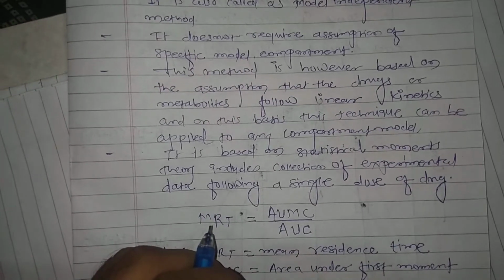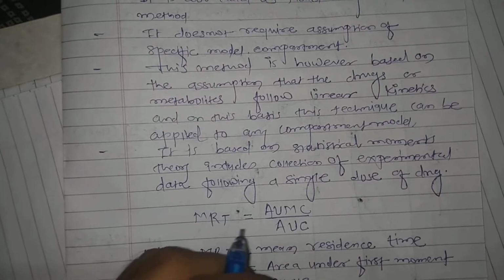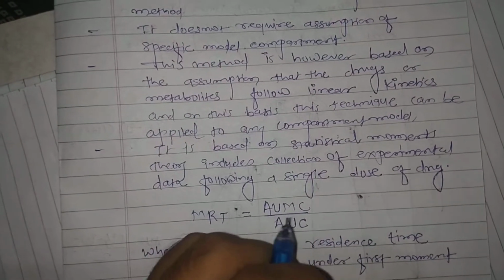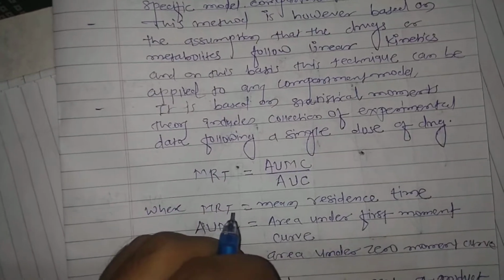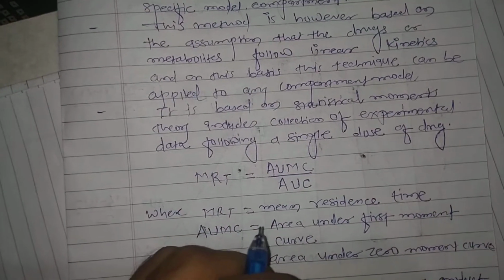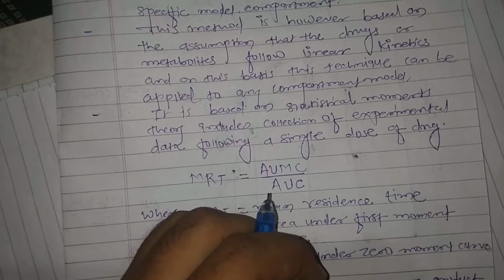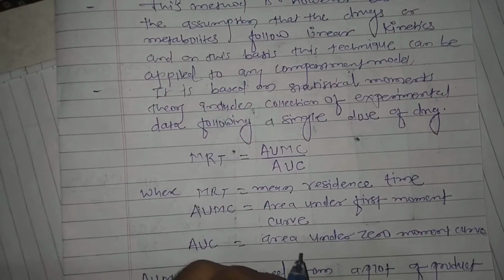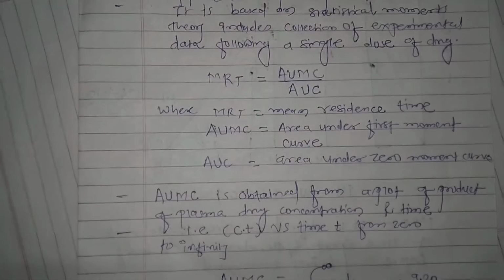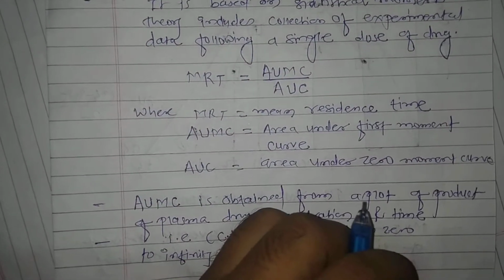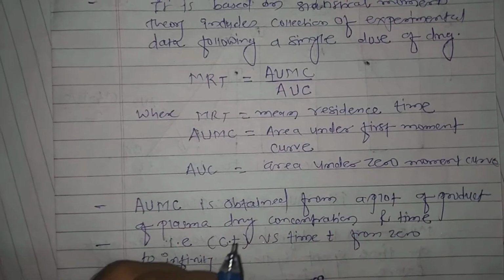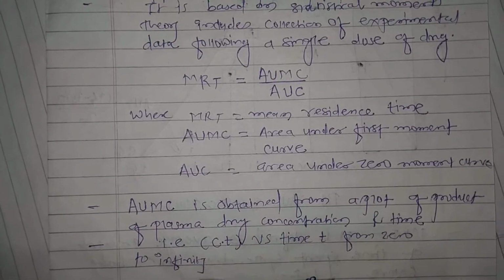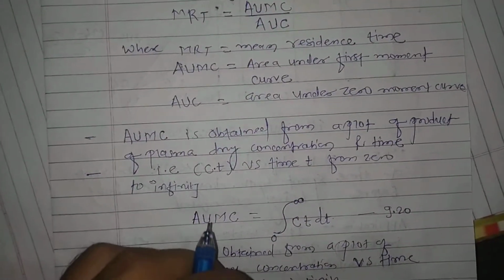So they are mathematically expressed by MRT equal to AUMC by AUC, that is, mean residence time equals AUMC divided by AUC. What is MRT? Mean residence time, and AUMC is the area under the first moment curve, and AUC is the area under the zero moment curve. AUMC is obtained from plotting the product of plasma drug concentration and time, that is C·t versus time from 0 to infinity.